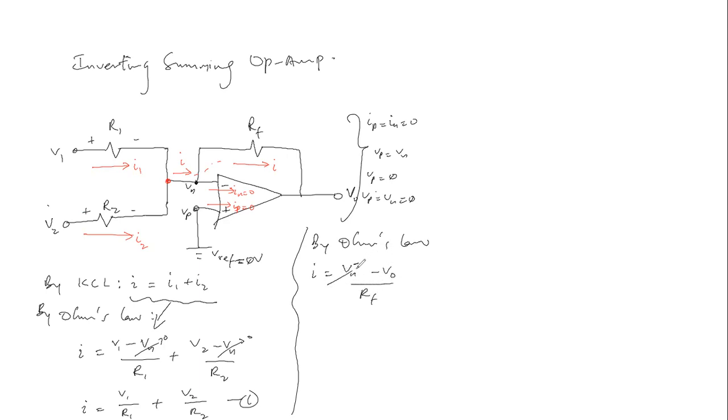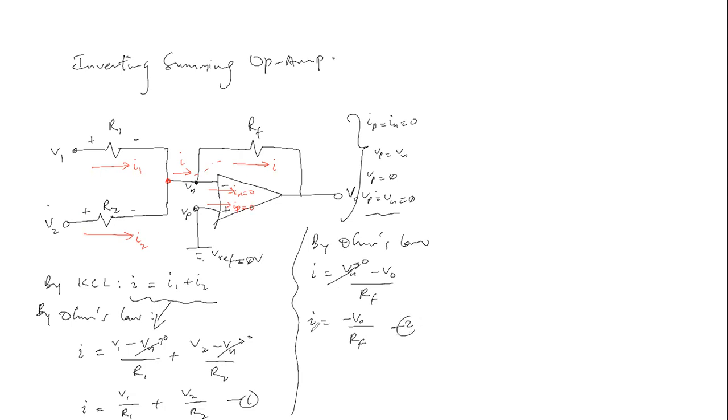Now, V sub n is the same as 0, right? Because we already established that based on the constraint, and V sub p is grounded, so V sub n is 0. Such that I, the current flowing through the feedback resistor, is the same as negative V naught divided by R sub f. So this is our second equation.